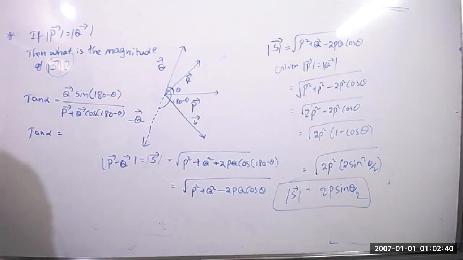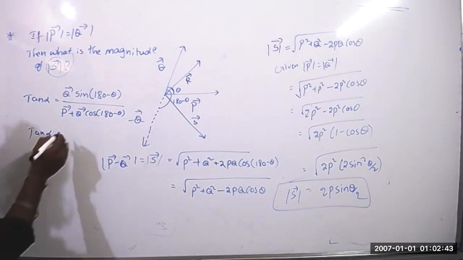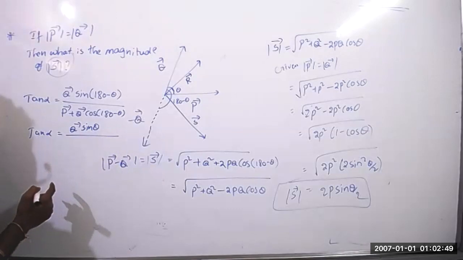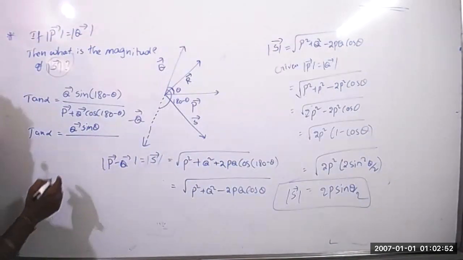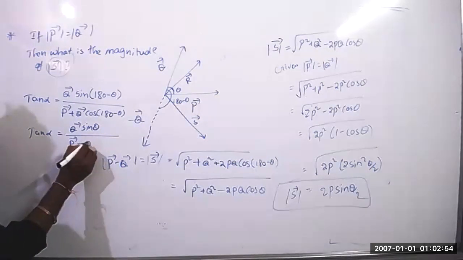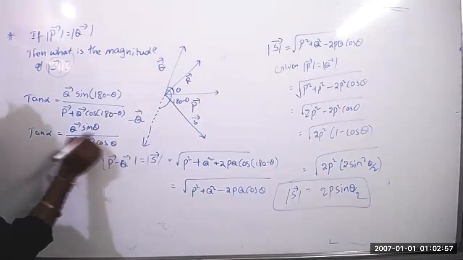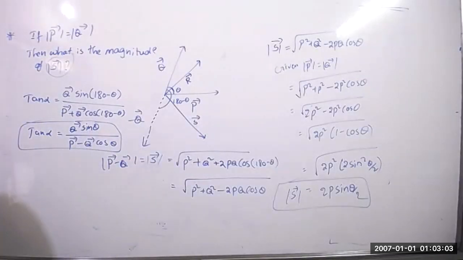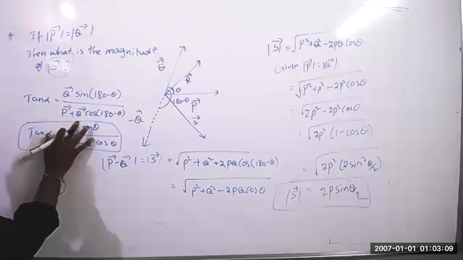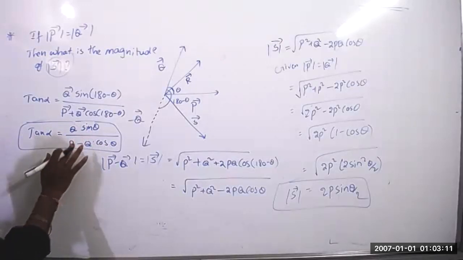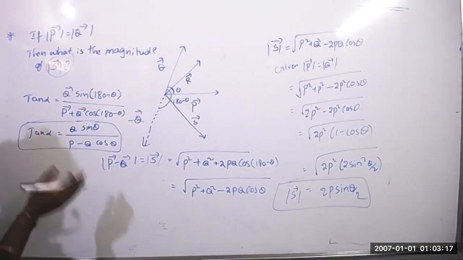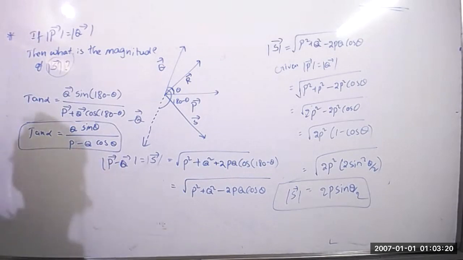Sin 180 minus theta is sin theta, and cos 180 minus theta is minus cos theta. So tan alpha is Q bar sin theta by P bar minus Q bar cos theta, right? This is the direction. If you don't write this also, no problem, because you will get it in numbers only, like 30 degrees, 40 degrees, 50 degrees, so you can write.